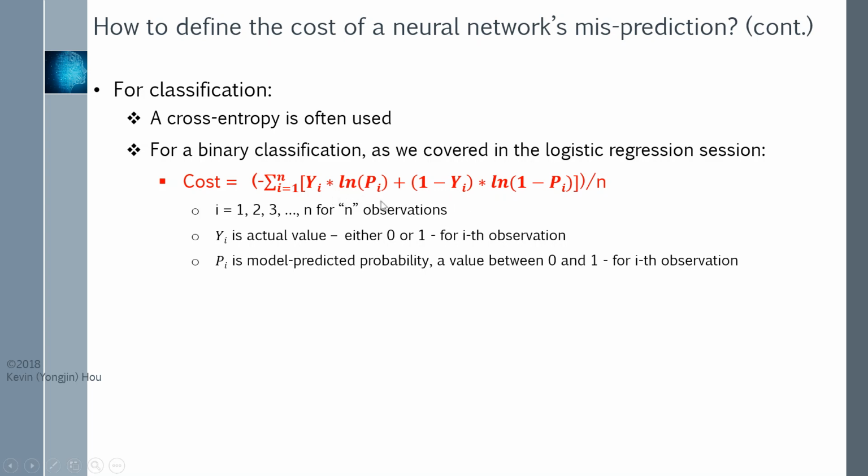This is literally the formula we use. Again, we have n observations in the data, and for each ith observation, this is the actual category, either 0 or 1, and correspondingly the model's prediction, in terms of probability, a value between 0 and 1.